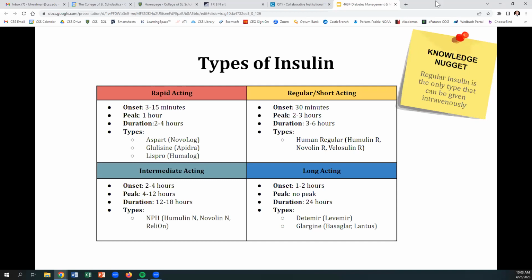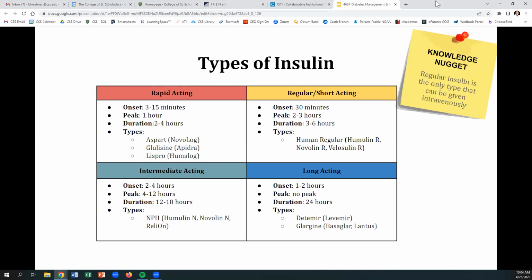of both of those medications, and how much you affect the onset, peak, and duration of either the intermediate acting or the regular short acting depends on the ratio of each insulin. So if you've got more intermediate acting than regular short acting insulin, there's going to be an effect there.